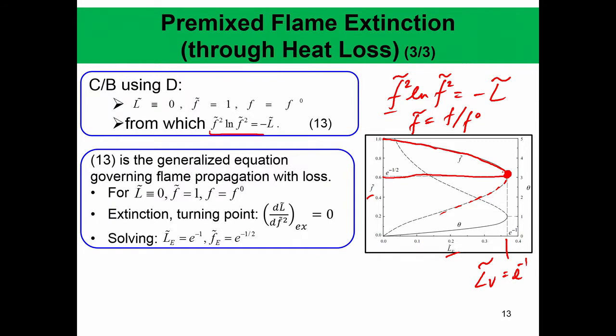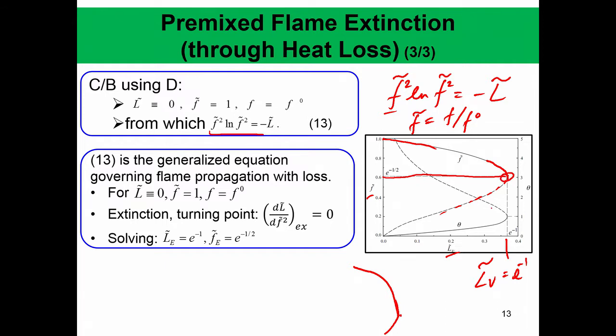When you have increasing heat loss, extinction happens rather suddenly, because if you look into this region here, it goes initially gradually, and then it suddenly jumps before it turns. This is the nonlinear behavior that we are talking about, and this corresponds to the extinction.